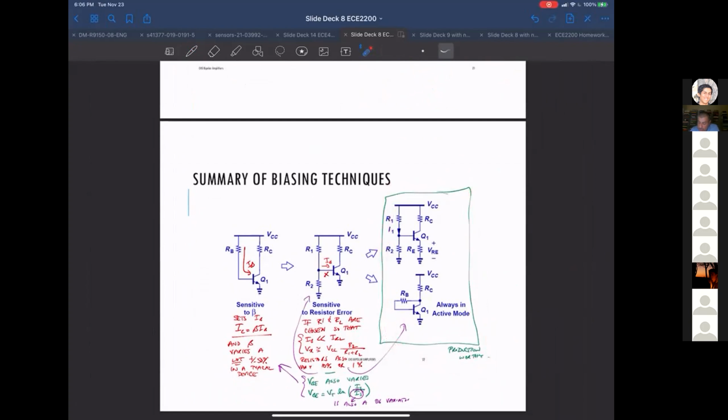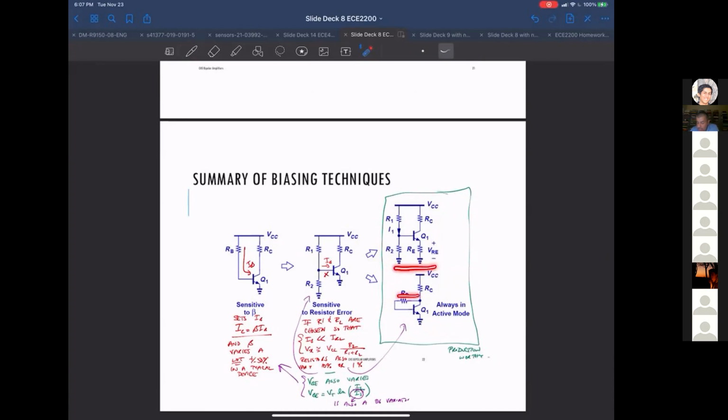Personally, I like this one because, as you'll see, I also like the degenerated emitter amplifier configuration, because this also stabilizes your gain, and it's more of a known quantity. This one also works.